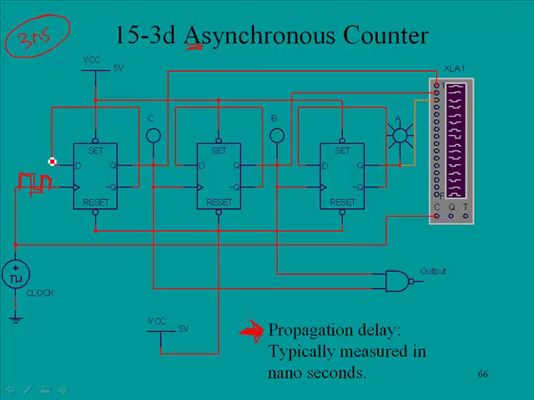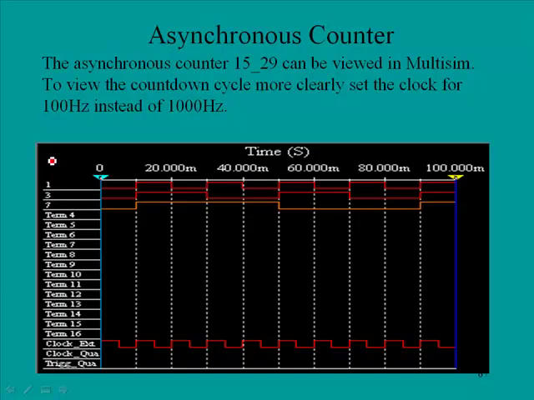So for this reason, the synchronous variety of counters are actually more popular. Now, we're not going to go into the detail that we did in the previous circuit addressing counting. What I do want to mention is that this is the spectrum analyzer display, and these are the 3 that we had to see.